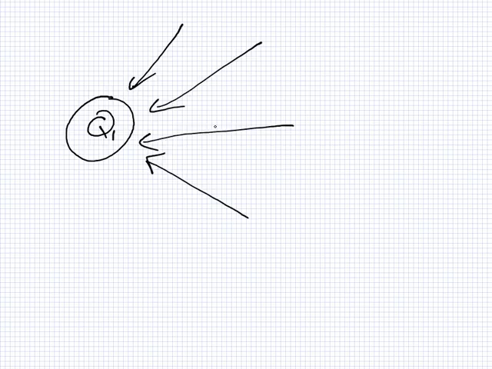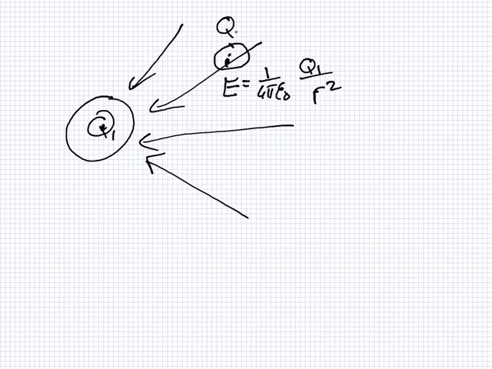The formula for the electric field strength at a point is 1 over 4 pi epsilon 0, or this constant K, times Q over D squared, the distance from here to the point. Now let's imagine there's a charge here, we call it Q2.